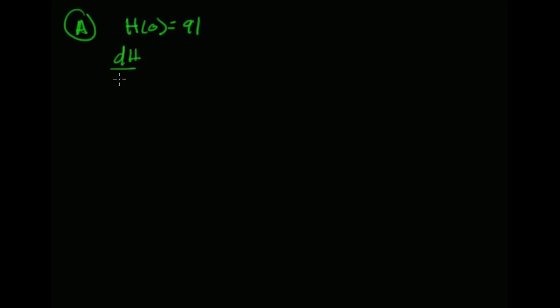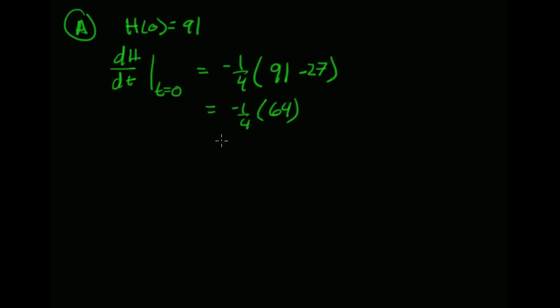You know that the rate of change with respect to time when time is 0 is going to be, this is the tricky bit because you don't put a 0 here. You put a 91 there because that's an h, not a t. Okay, so this is -1/4 times 64, which is -16. So h minus h at time 0 is equal to -16 t at 0, right?